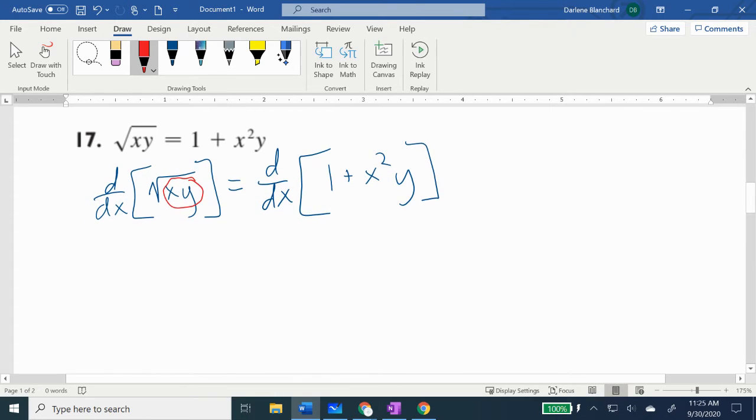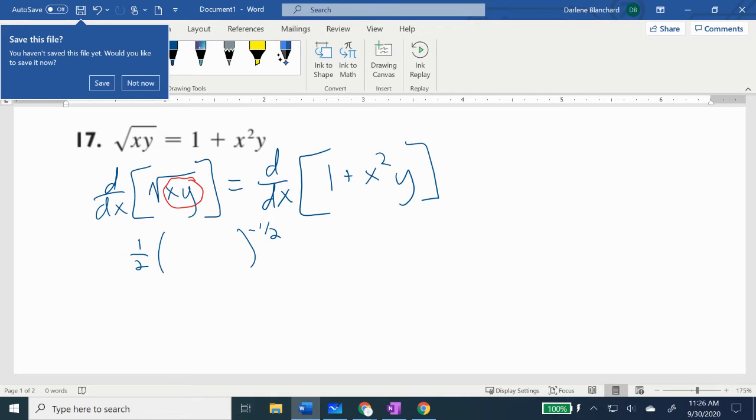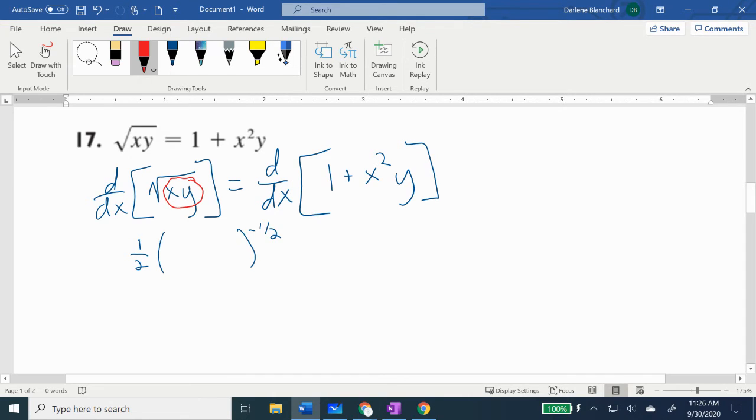So I'm going to start off with the mommy function is the square root of blah, or blah to the 1/2 power. Derivative of the mommy is 1/2 blah to the negative 1/2. The chain rule says give mommy her baby and then multiply by the derivative of that baby.